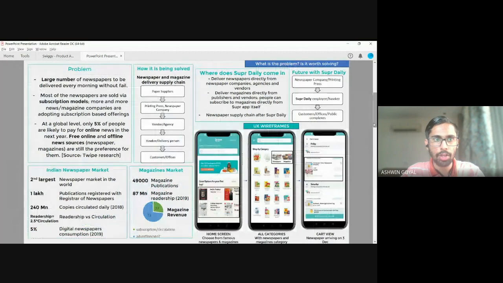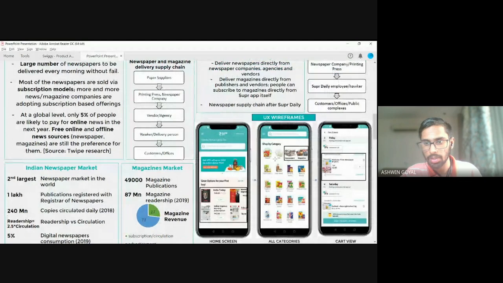Then I went on to divide the problem into sub problems. So, for example, large number of newspapers to be delivered every morning without fail. Most of the newspapers are sold via subscription models, and that is where Super Daily can come in, because it also sells products on a subscription model.